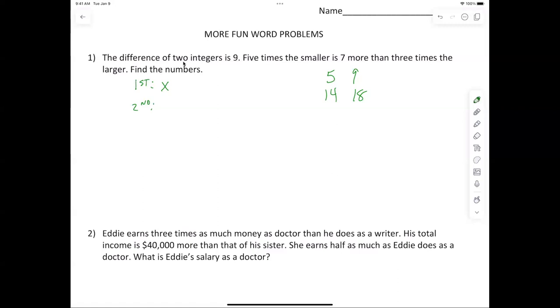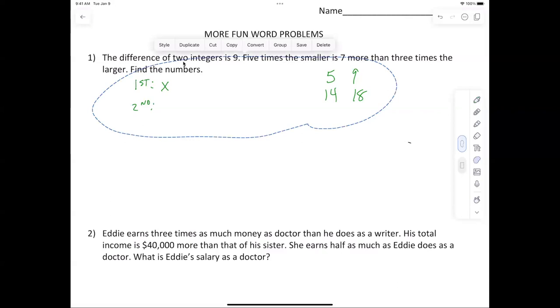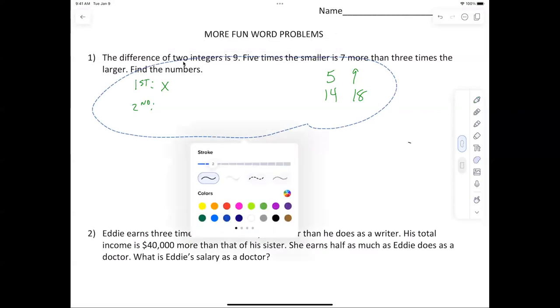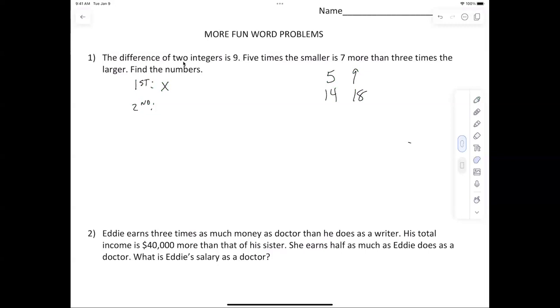If the first number is X, I would like to know what the second number is in relationship to X. What is it?